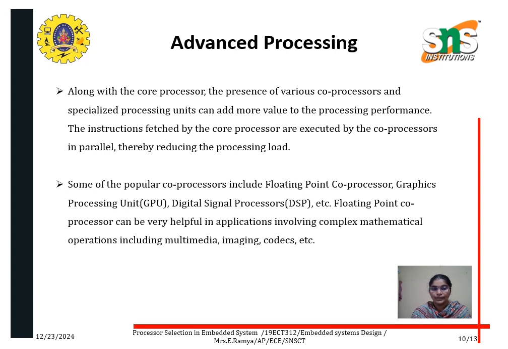Some popular coprocessors include the floating point coprocessor, graphics processing unit and digital signal processors. A floating point coprocessor can be very helpful in applications involving complex mathematical operations including multimedia, imaging, codecs, etc.